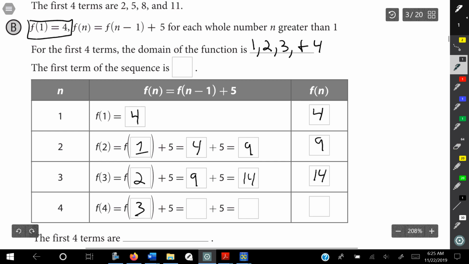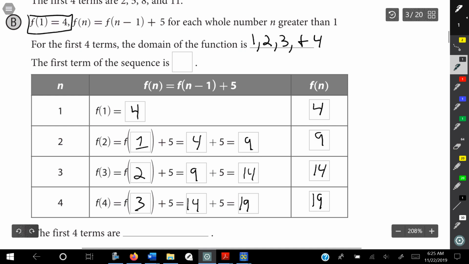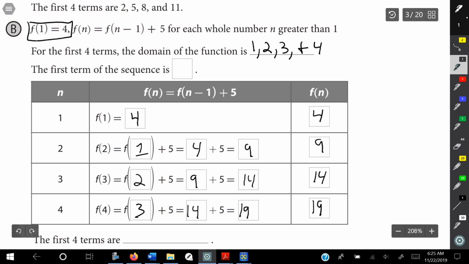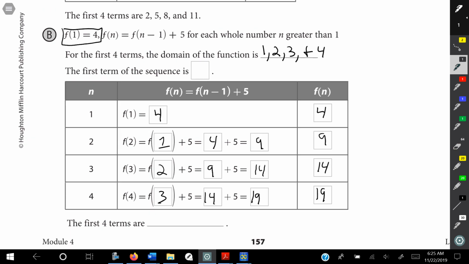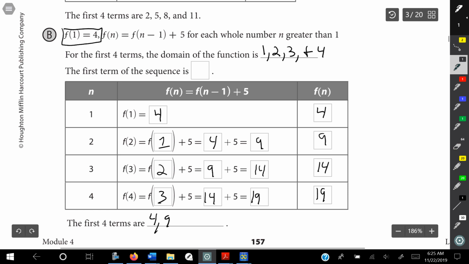And f of 3 is 14. And then 14 plus 5 is 19. Okay, so our first 4 terms are 4, 9, 14, and 19.